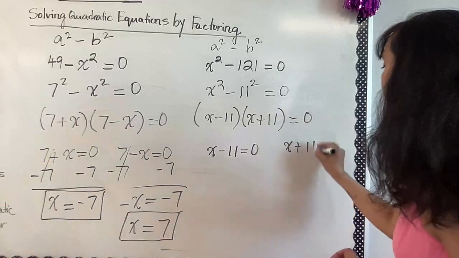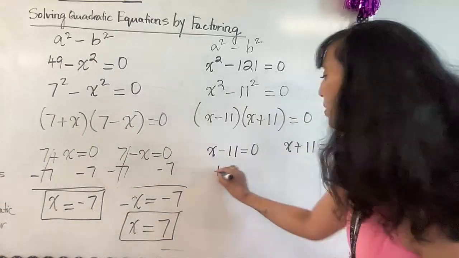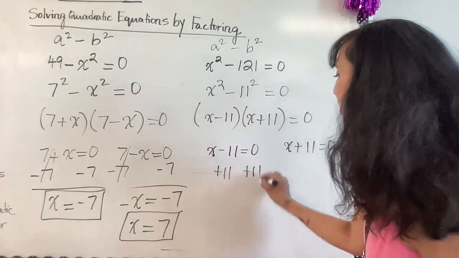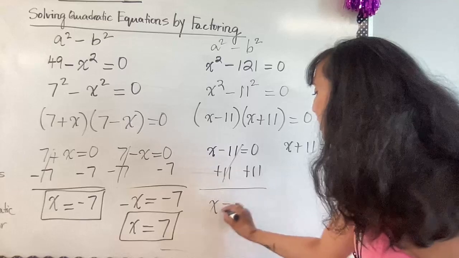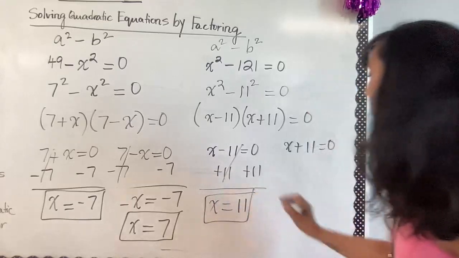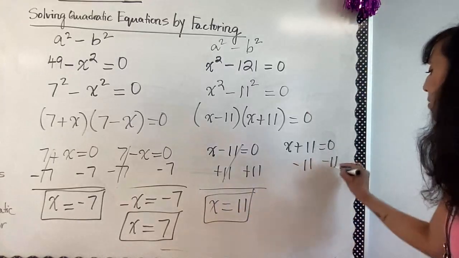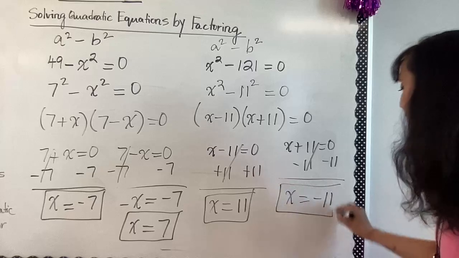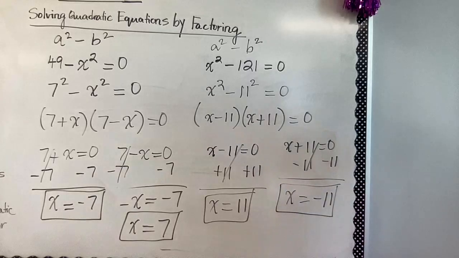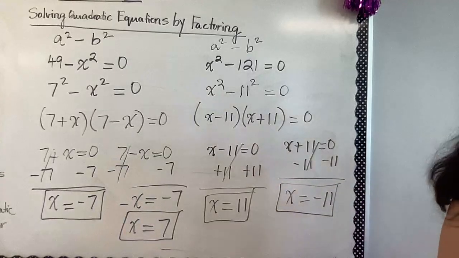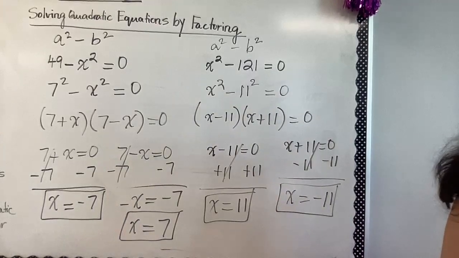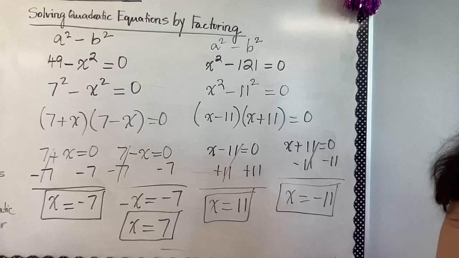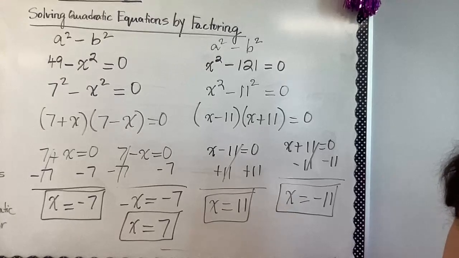X plus 11 is equal to 0, so this is plus 11 plus 11. X is equal to 11 is one solution. Minus 11 minus 11, x is equal to negative 11 is the other solution. Okay, so this is basically solving quadratic equations by factoring a difference of squares.